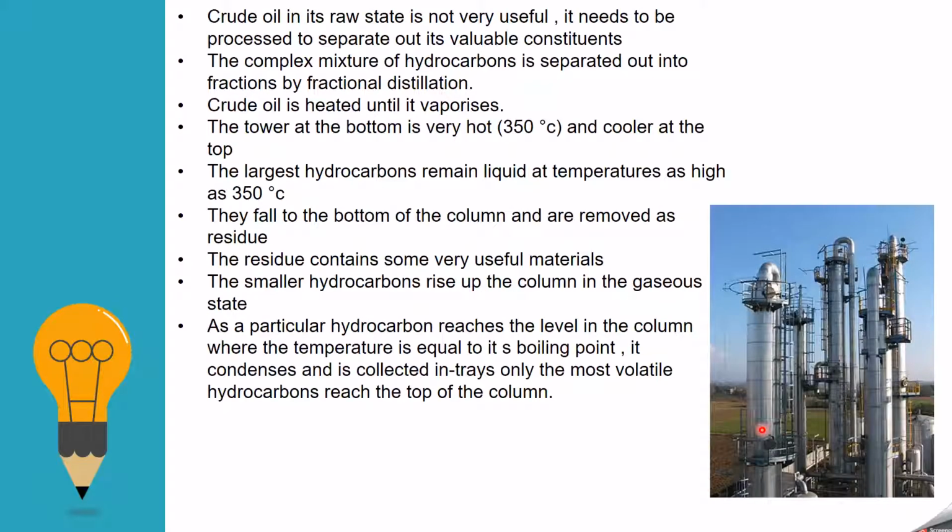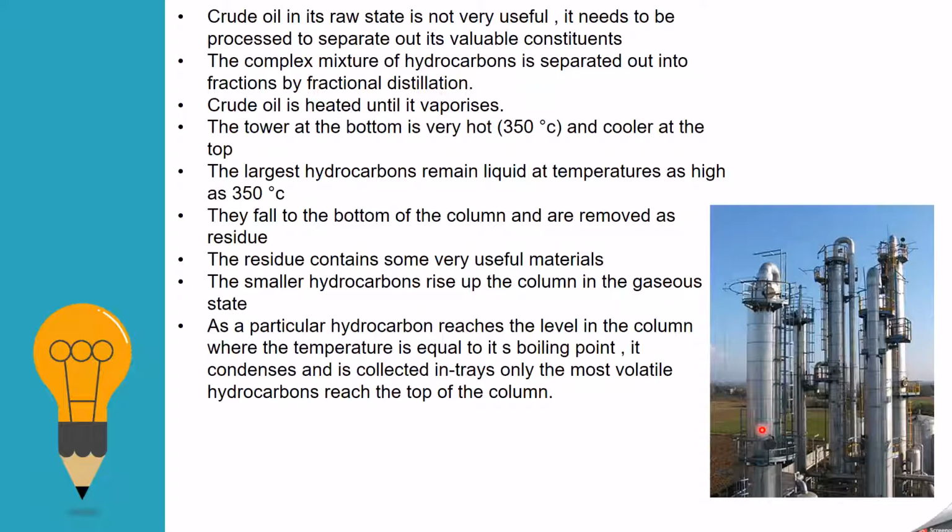Crude oil in its raw state is not very useful at all. It needs to be processed to separate out its valuable constituents, and the complex mixture of hydrocarbons is separated into fractions by fractional distillation. Crude oil is heated in the fractionating column until it vaporizes.